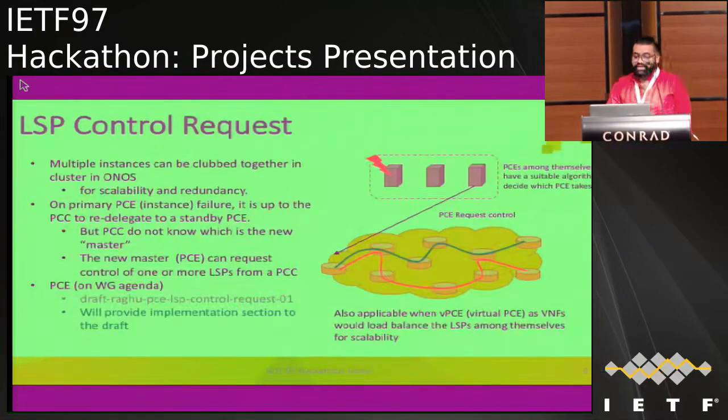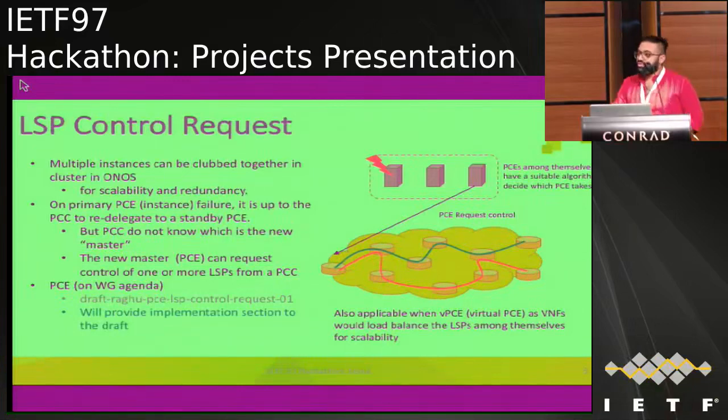So the second problem that we worked on was initially sort of vendor specific, where we realized that multiple PCE instances can sometimes form a cluster, working together for scalability, as well as to make sure that if one instance goes down, another instance can take over.